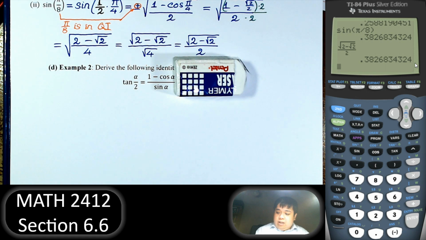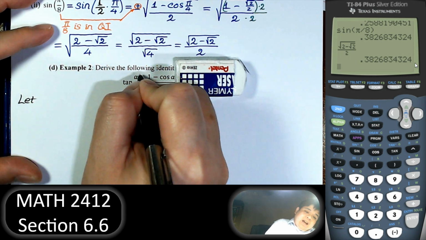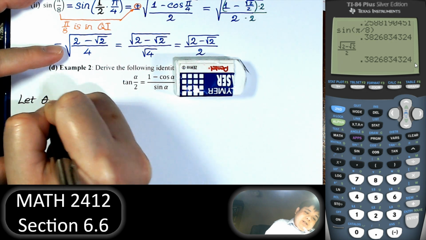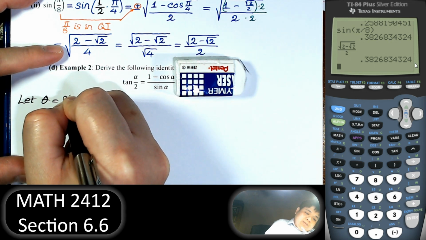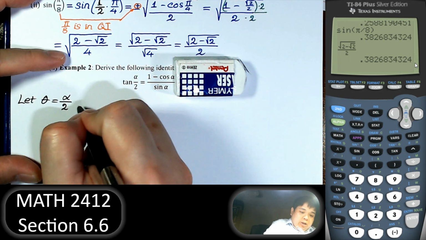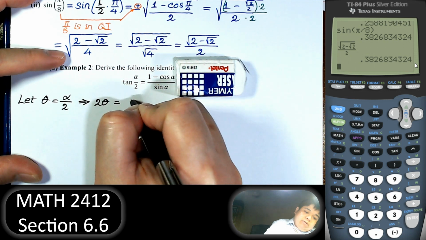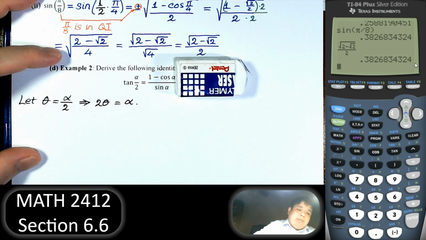So to prove this, it will be easier if we just let the half angle be something. Right? Let theta be alpha over 2. Multiply by 2 on both sides. 2 theta is equal to alpha. Right.